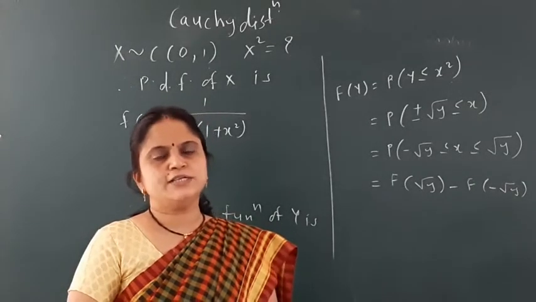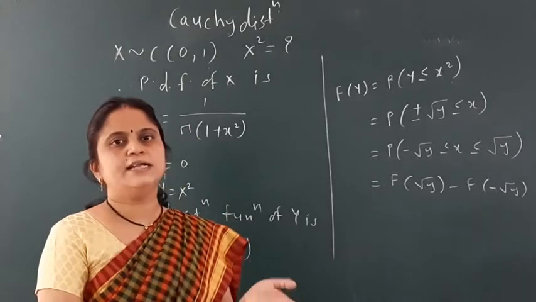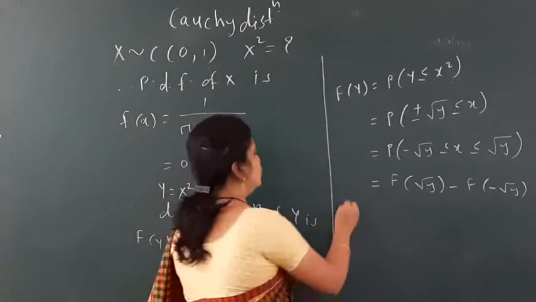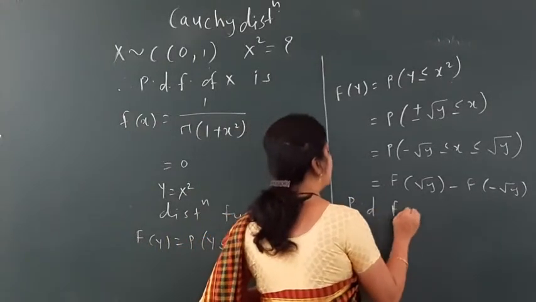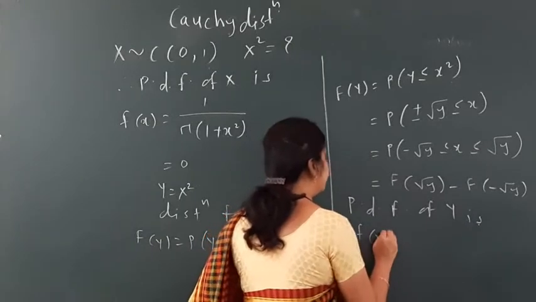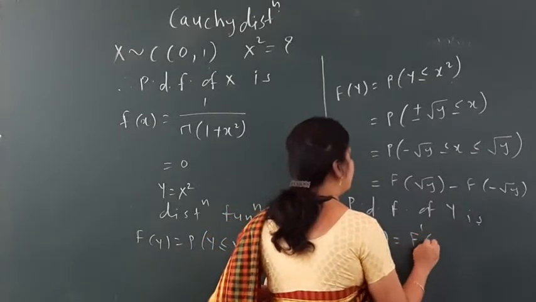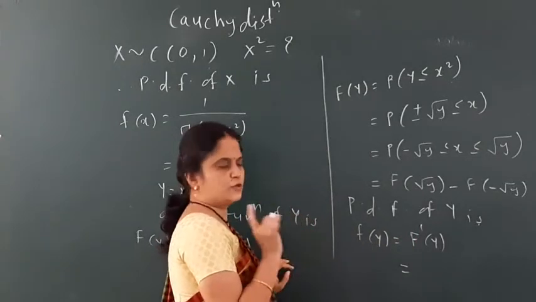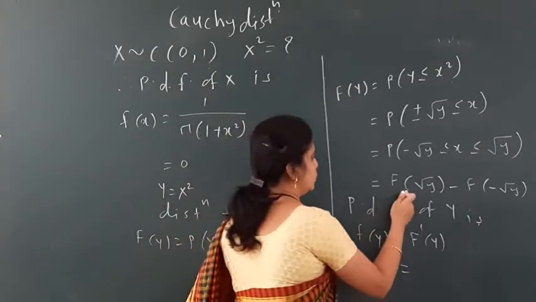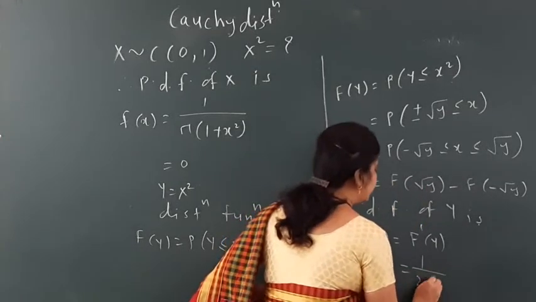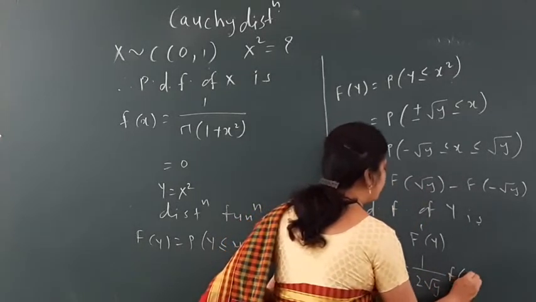So I need to find the derivative so that I get my required function, that is the PDF. To find the PDF of Y here, we need to find F dash of y, or the derivative of F of y with respect to y. So what does it come to? The derivative of F of root y is nothing but 1 divided by 2 root y times f of root y.